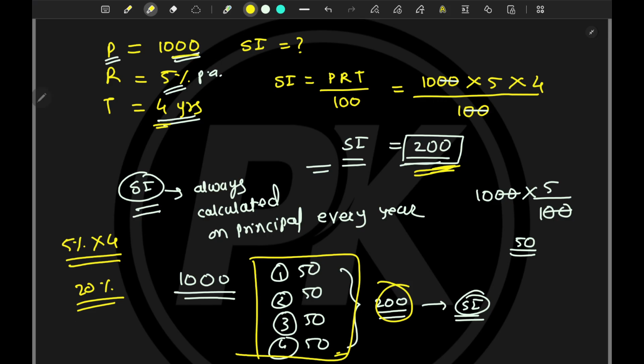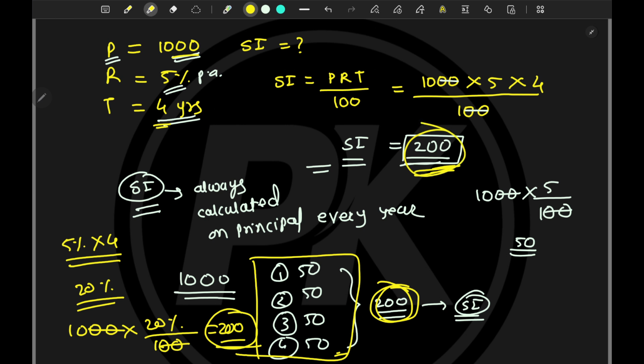What is the principal amount? It is 1000. So 20% of 1000, I have to write 20 divided by 100. This is how you are calculating. Now 20 into 10 is 200. So either this or this or this, the answer is going to be the same.